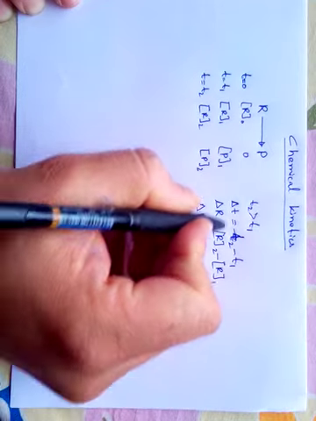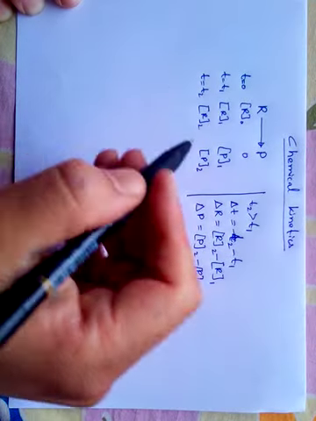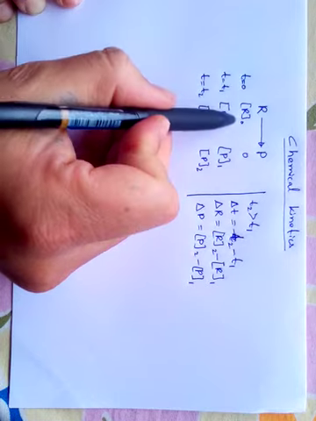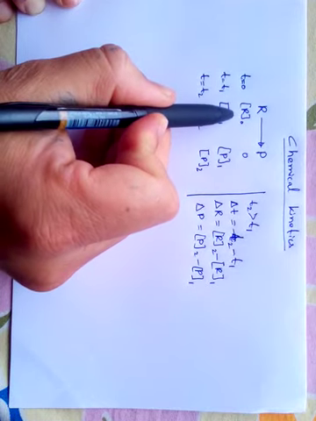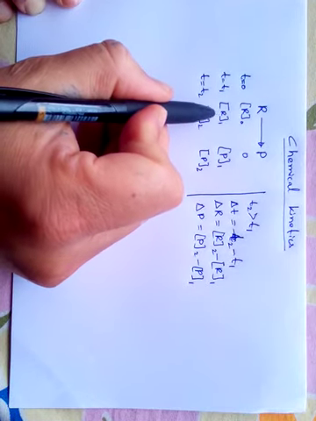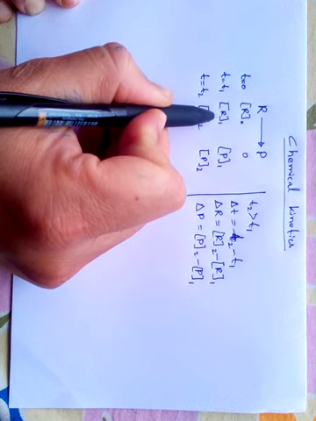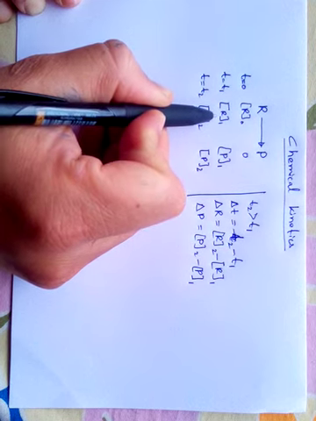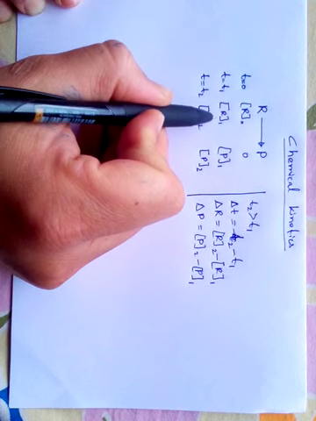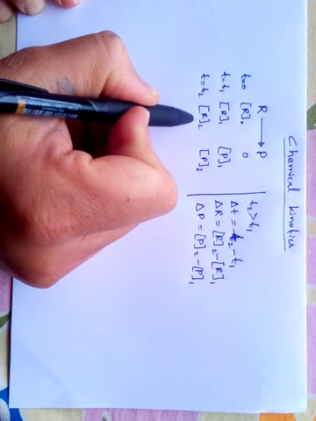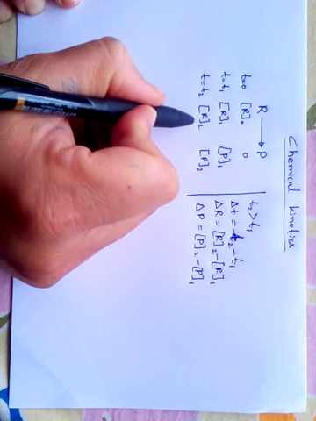Remember, R0 is the initial concentration. As the time progresses, the concentration reaches R1, which means a lesser concentration, lesser amount. Similarly, the amount decreases as time progresses to R2.